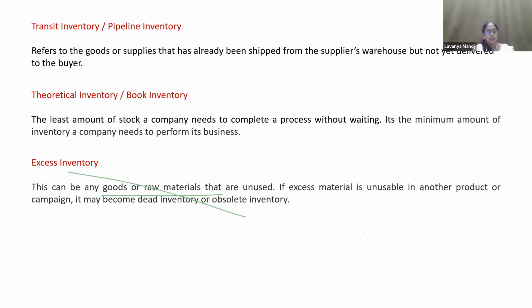For example, as I said, a few warehouses or production companies completely differentiate inventory and stock. For them, inventory is different, stock is different. But for few warehouses and production companies, inventory and stock are one and the same. There is no difference at all. These kinds of differences you can see in your workplace.